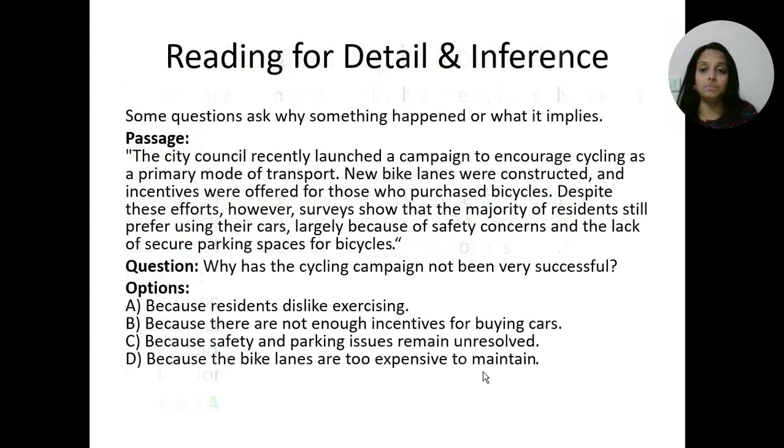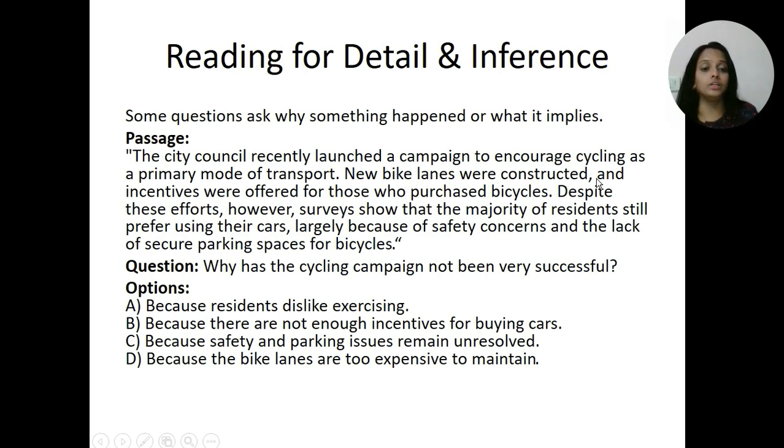Now, the third concept is reading for detail and inference. Some questions don't ask you what is written, but why it happened or what it implies. Example, here's the passage. The City Council recently launched a campaign to encourage cycling as a primary mode of transport.